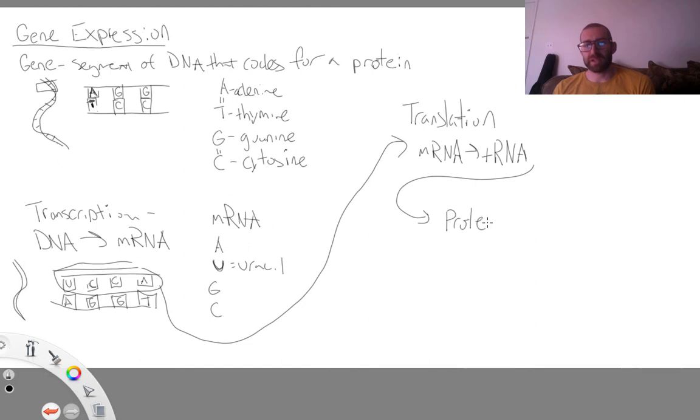And I actually have on the slide a little better, I can show you translation a little bit better than drawing it out here. But this is essentially just a quick little overview that I think will help when we're looking at these organelles, or at least help you remember them.